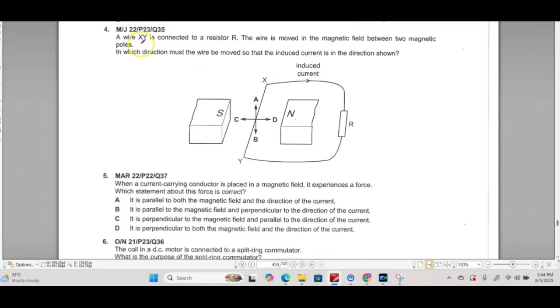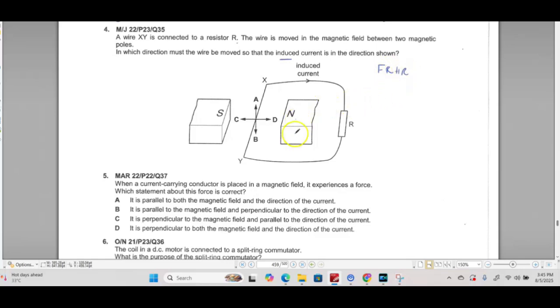Question number 4. A wire XY is connected to a resistor R. The wire is moved in the magnetic field between two magnetic poles. In which direction must the wire be moved so that the induced current is in the direction shown? So again, this is a question related to induced current, so we are going to use Fleming's right-hand rule over here.